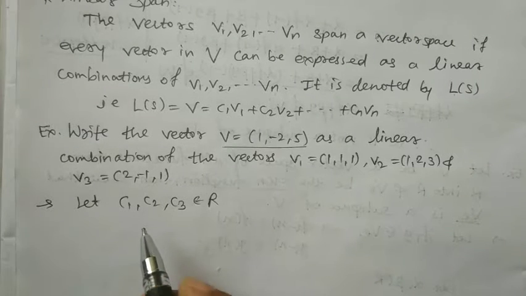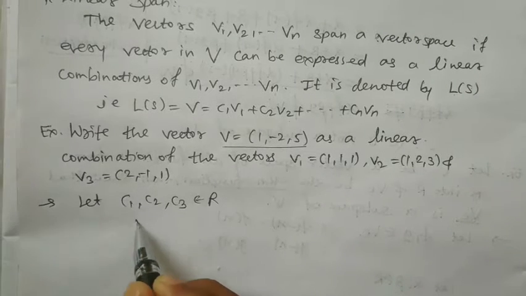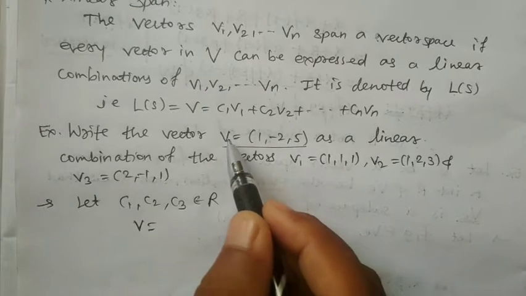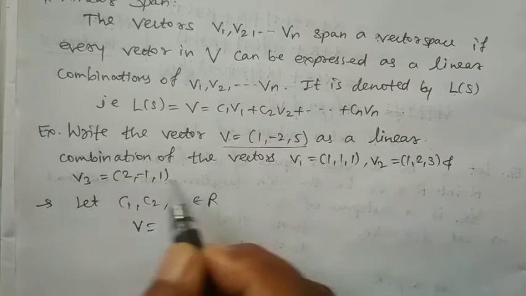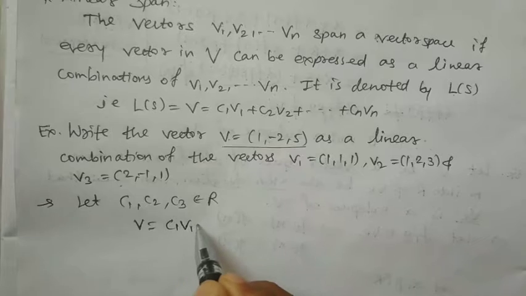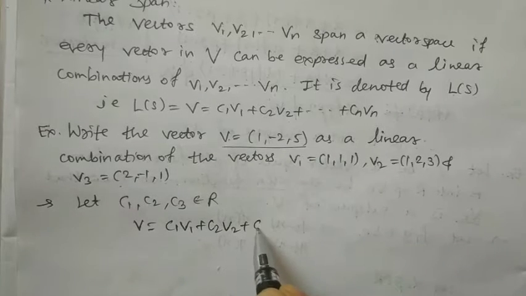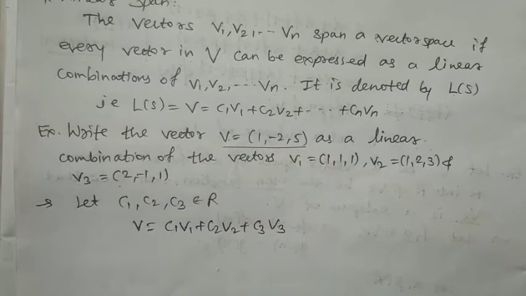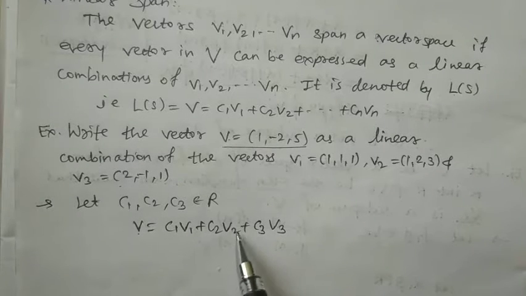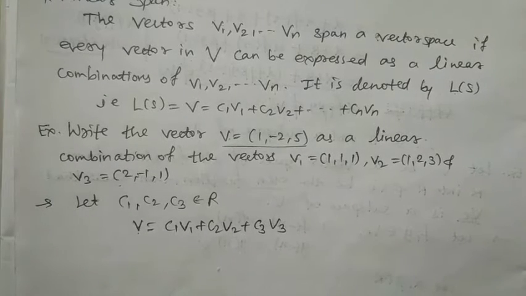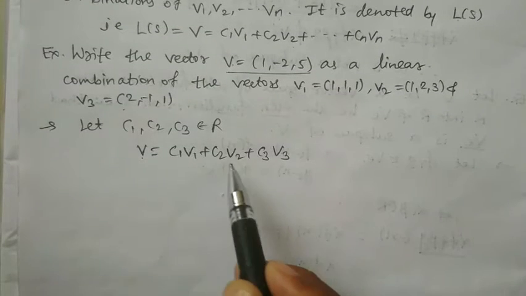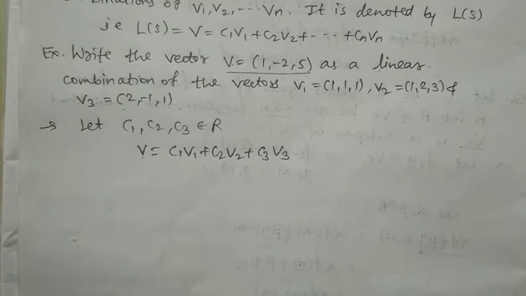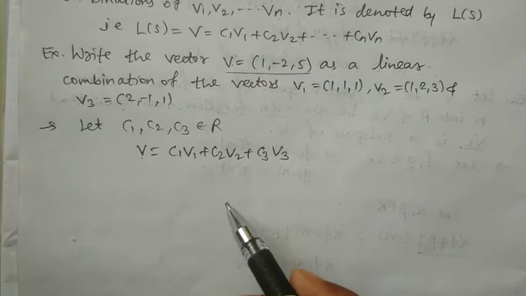Then we can write v as c1 v1 plus c2 v2 plus c3 v3. Now we just have to find the values of c1, c2 and c3 to complete this linear combination.